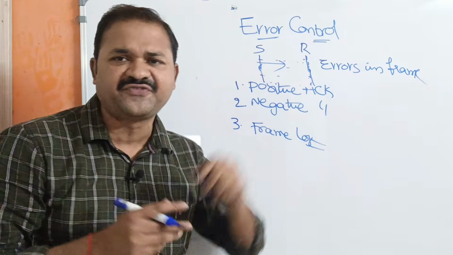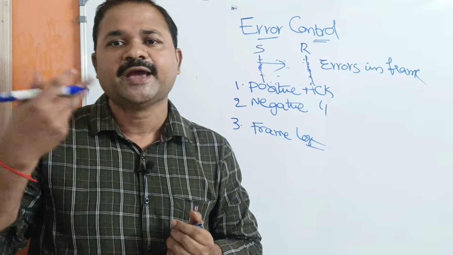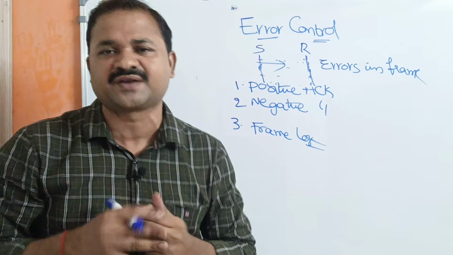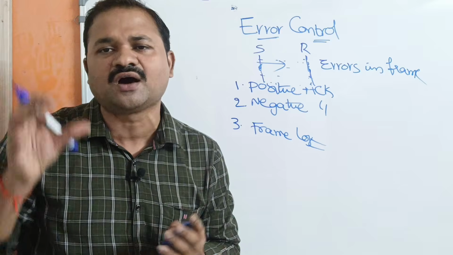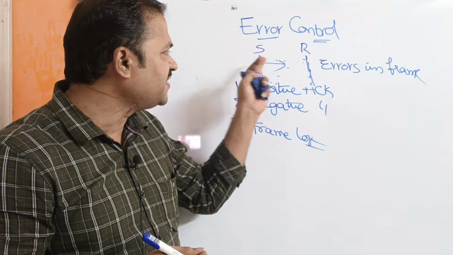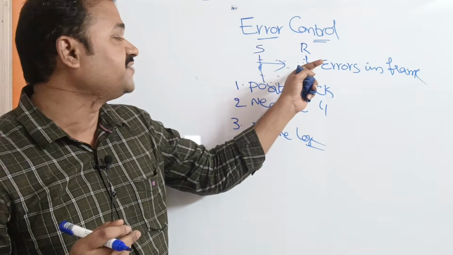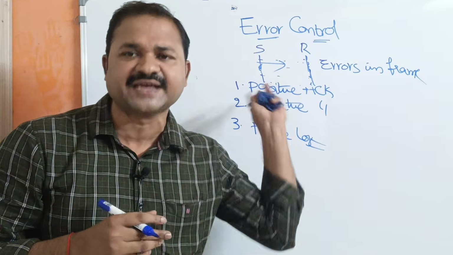After sending the frame, the sender is expecting a positive acknowledgement from the receiver. But neither of these things is happening. So the sender is waiting for the acknowledgement, and the receiver is waiting for the frame from the sender.